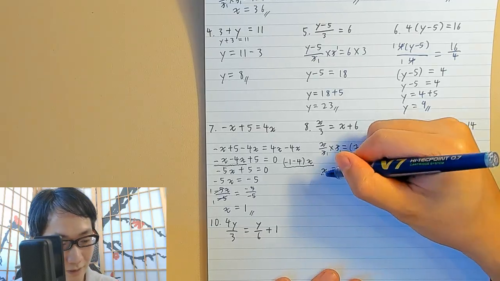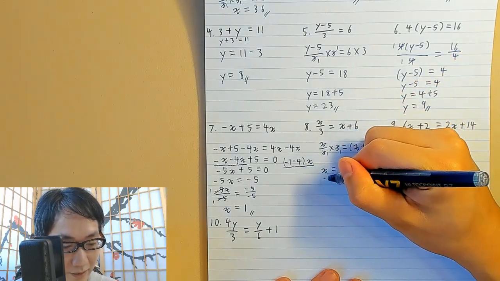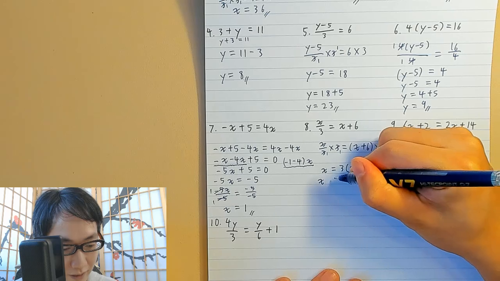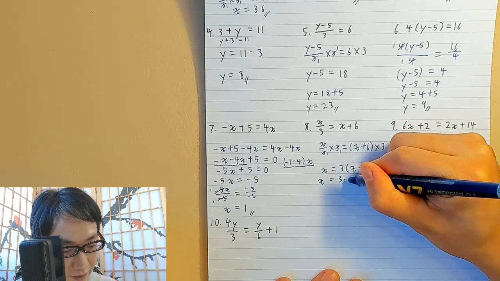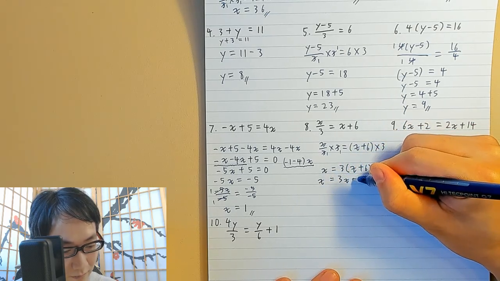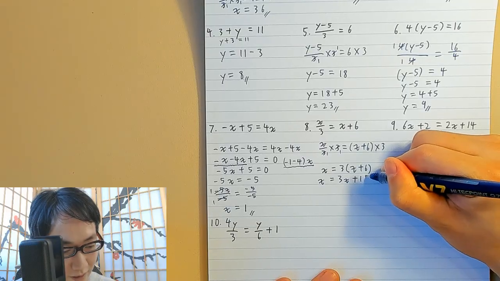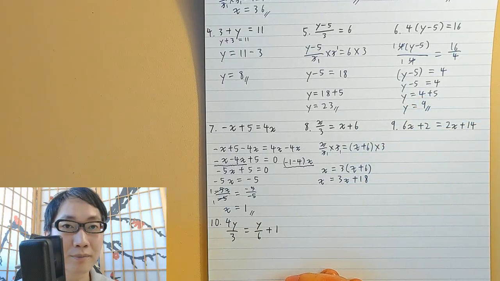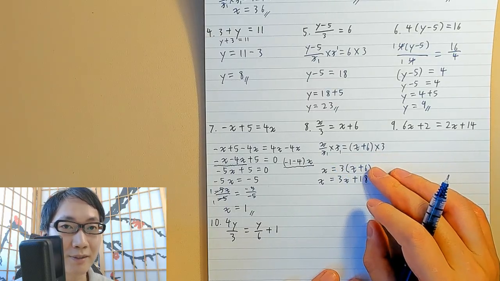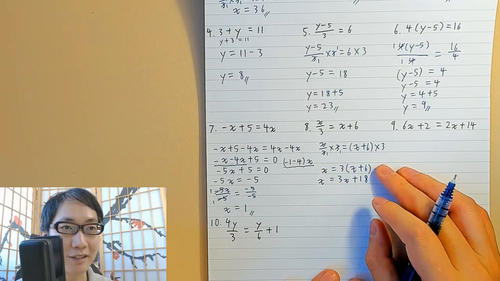Okay. So then we empty the bags. So x is equal to, we have 3x and positive 18 of value. Okay. So it's called expanding the bracket. It will be discussed in the next video.